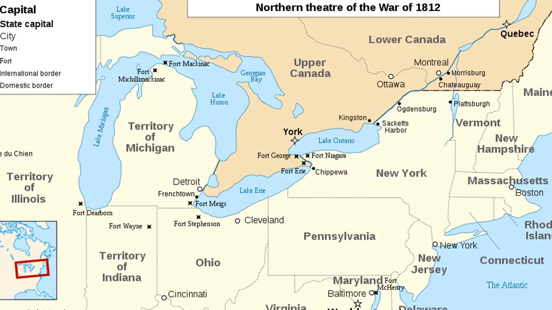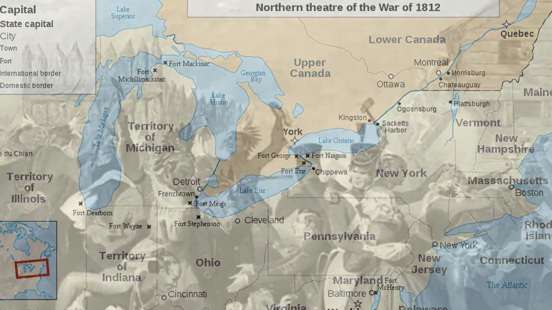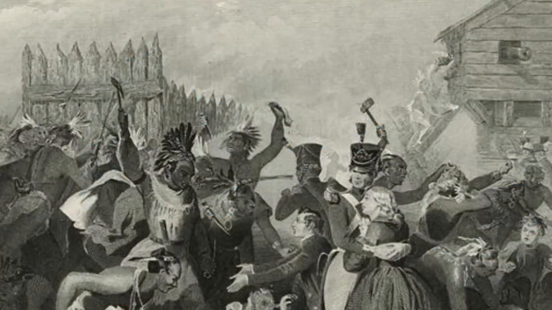In the northwest, in Ohio and some other areas, there are Native Americans who are being supported by the British. And in those campaigns, mostly in the south, we have what this image is called the Fort Mims Massacre, and 400 settlers are killed, which, to be fair for the Native Americans, their land is being drastically taken.